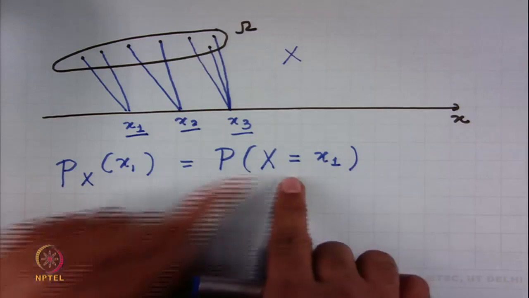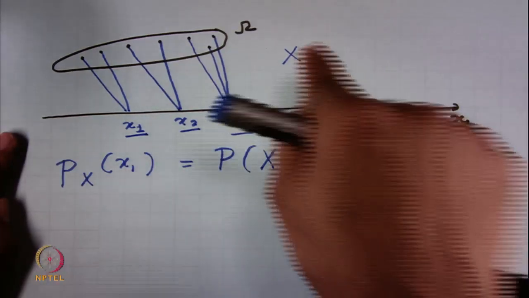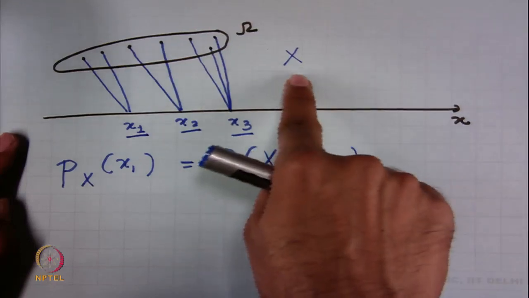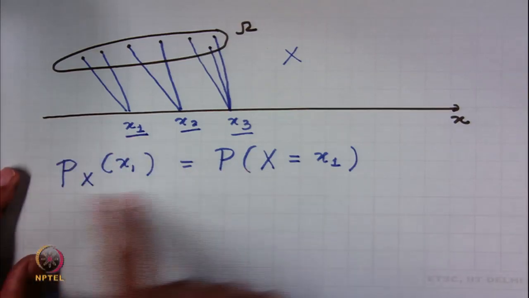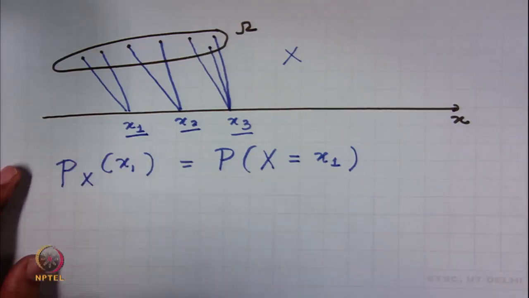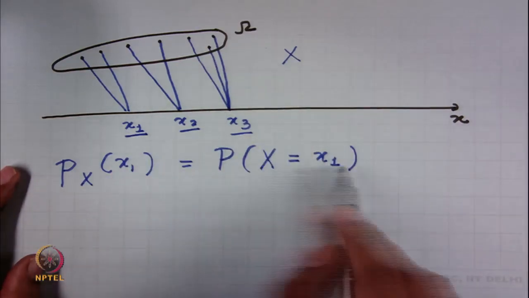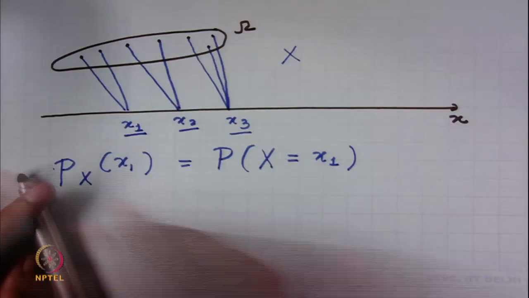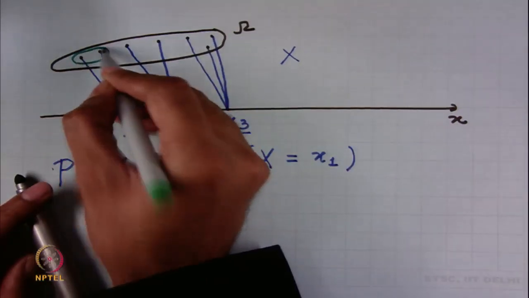So, here what I am saying is that this random variable X can take 3 numerical values. What is the probability that this random variable X takes the value x1? All right, and this is denoted by the probability mass function. As you can see, the probability that the random variable X takes this value x1 is the same as the probability that these two outcomes turn up.